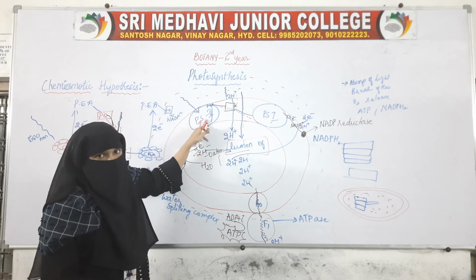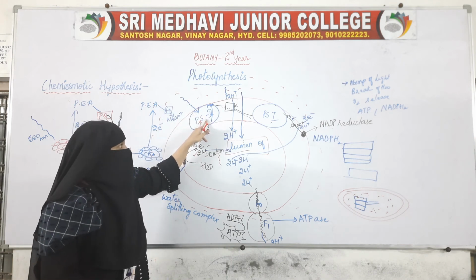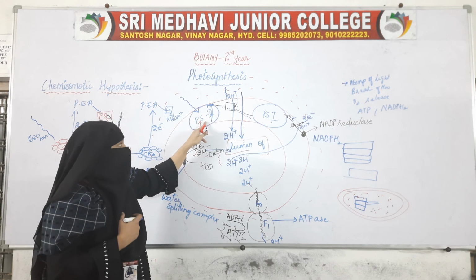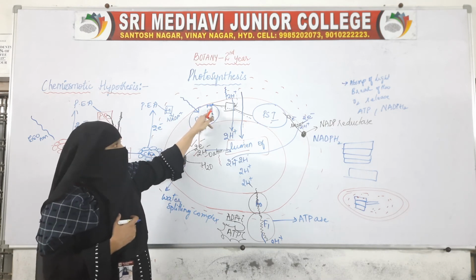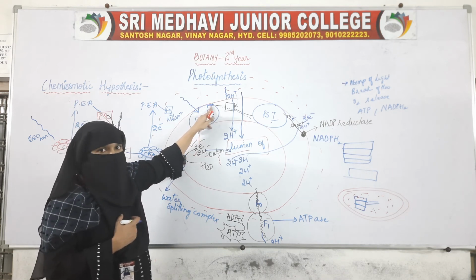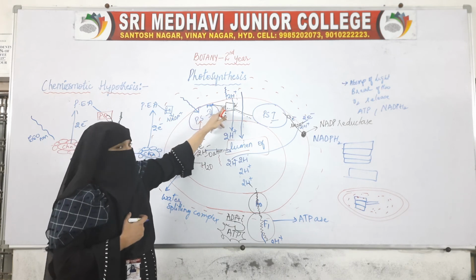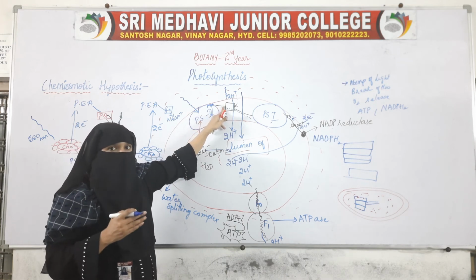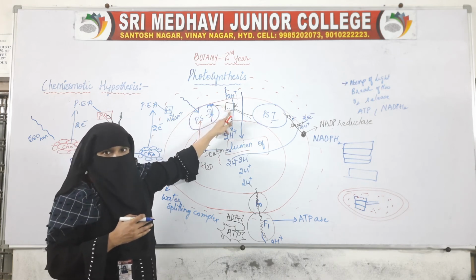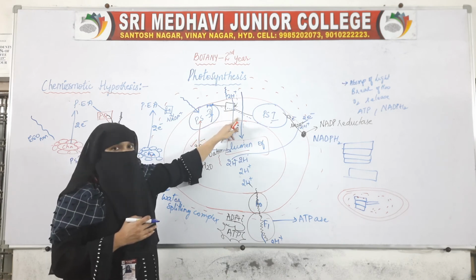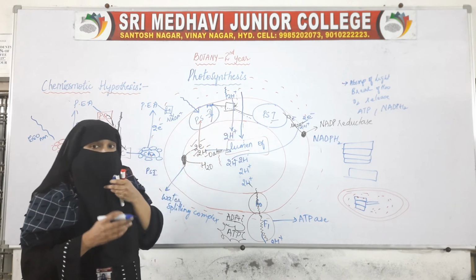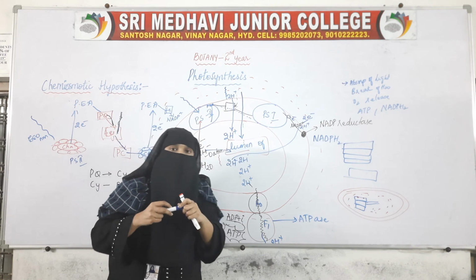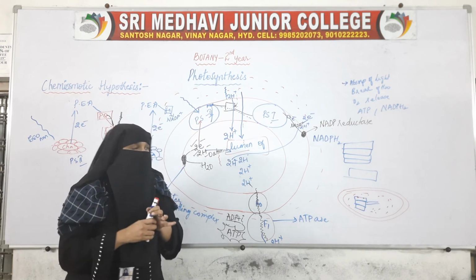Light has been absorbed by photosystem 2, because of which an electron was ejected, accepted by the primary electron acceptor, and from the primary electron acceptor it has gone to plastoquinone, from plastoquinone to cytochrome complex, cytochrome to plastocyanin. When it was moving from cytochrome to plastocyanin, energy has been released.